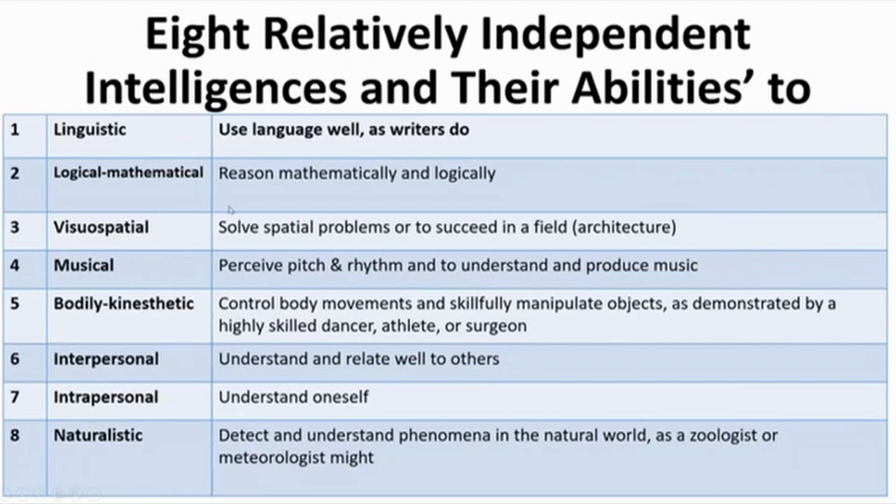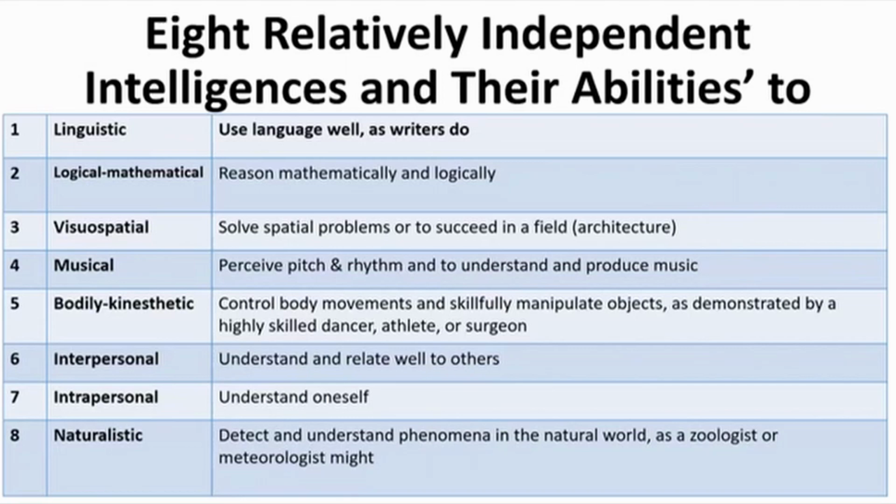And so if we look at each of these individually, linguistic intelligence would be the ability to use language effectively. So writers would have a high linguistic intelligence. Logical and mathematical intelligence would mean good reasoning in terms of mathematics and logical abilities. Visuospatial, you'd be able to solve spatial problems or succeed in some kind of field that relies on visuospatial abilities.